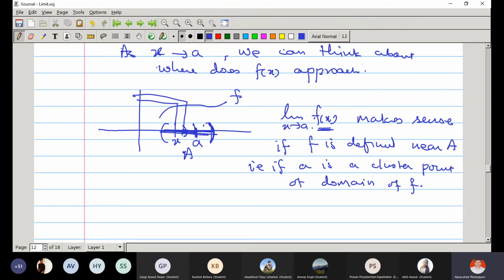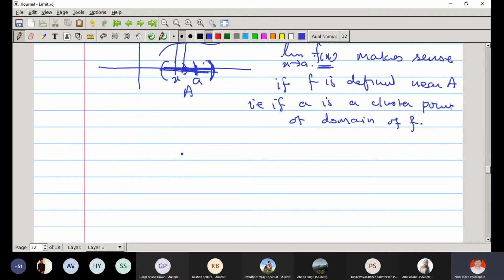Yes, sir. Right. Fine. So technically this should be clear: when we talk about a limit, at what point are we talking about? So for example, my set A is the interval [0,1] union {2}, and f from A to R is a function.